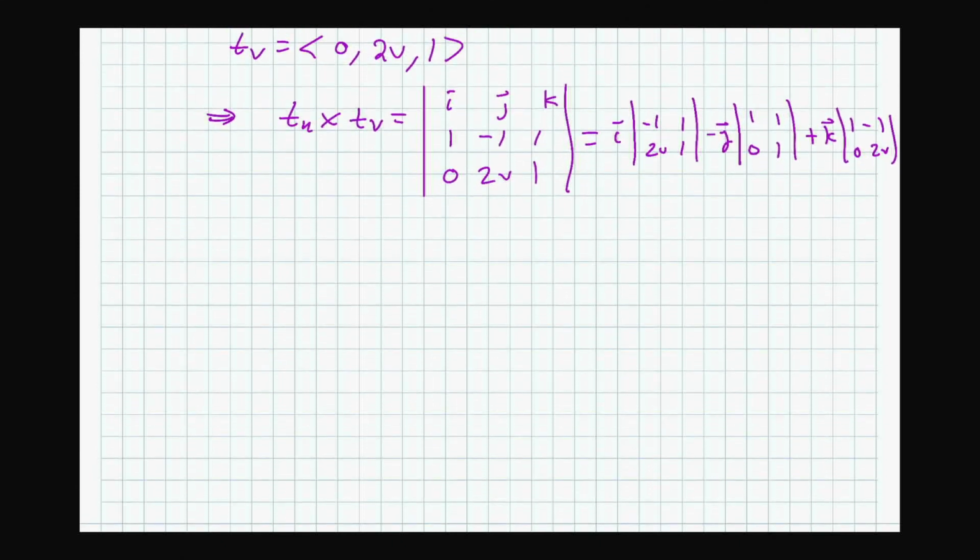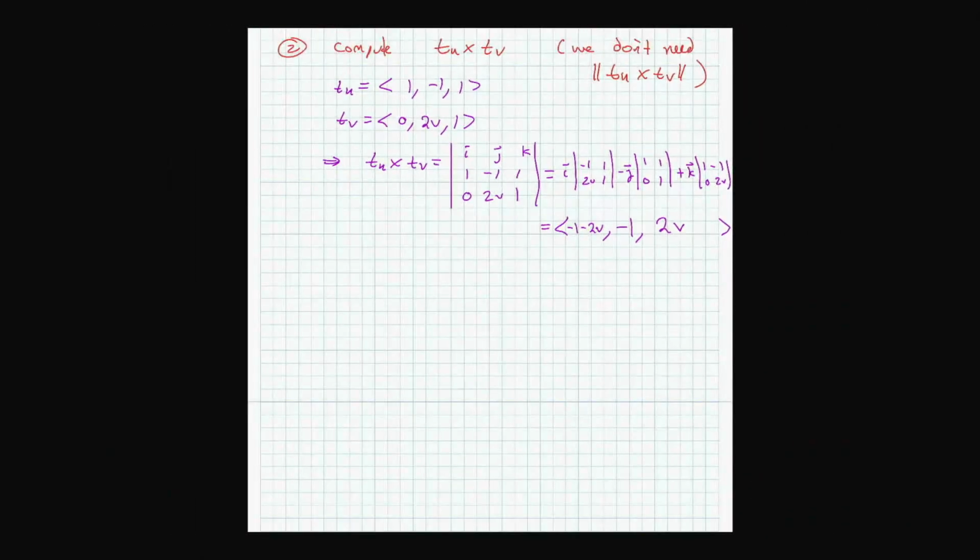I'm going to cheat and go straight to the angle bracket notation. So we got negative 1 minus 2v. Then we have 1 minus 0, so that's 1, but with a negative out front, so negative 1. Last component, 2v minus 0, so 2v. Okay, so we have Tu cross Tv. And then I think we can set up our integral now.